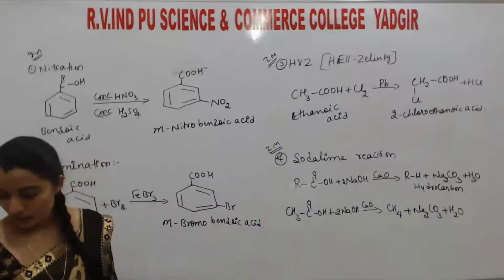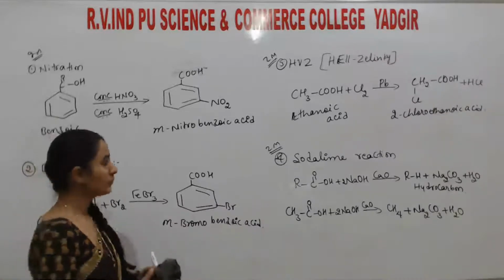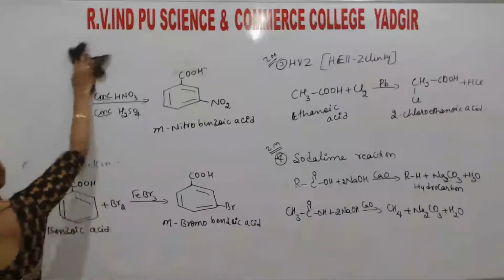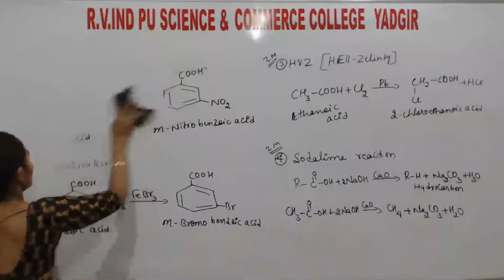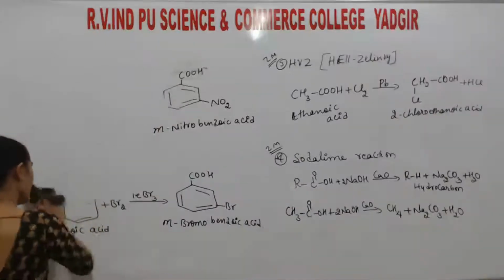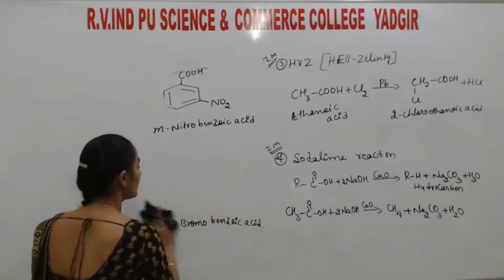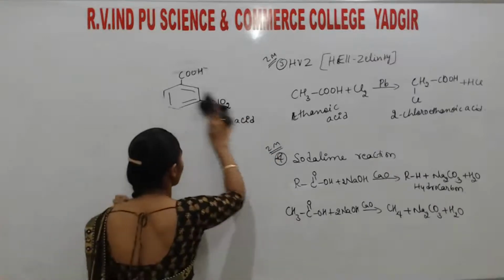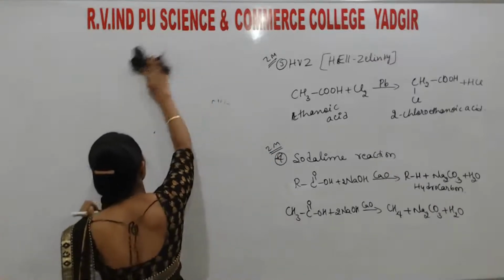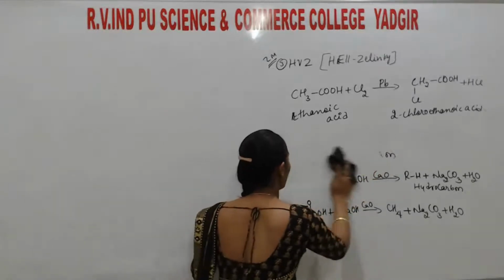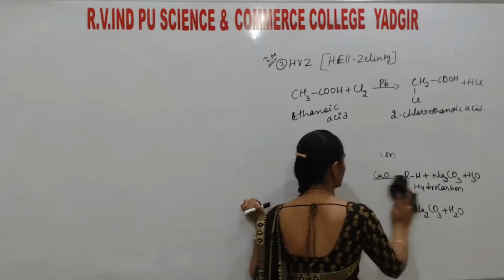Okay. Now the important thing is the acidity, or acidic character, of carboxylic acid. You know, carboxylic acids are the most acidic functional group. Priority is mainly given to carboxylic acid. This is the most acidic group over all the functional groups.